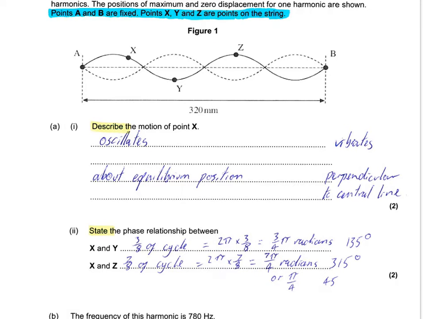You could very well express that as 1 3/4 pi radians, and the other thing that's interesting there is, because Z is in phase with that point there, I could well also think of that as simply 1/8 of a cycle difference, so it's also pi by 4. 315 degrees, 45 degrees if you want to express it in terms of degrees.